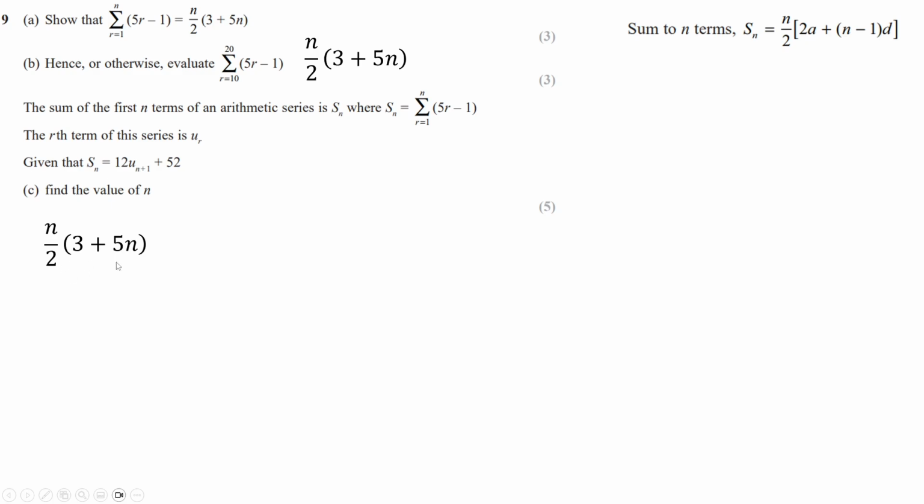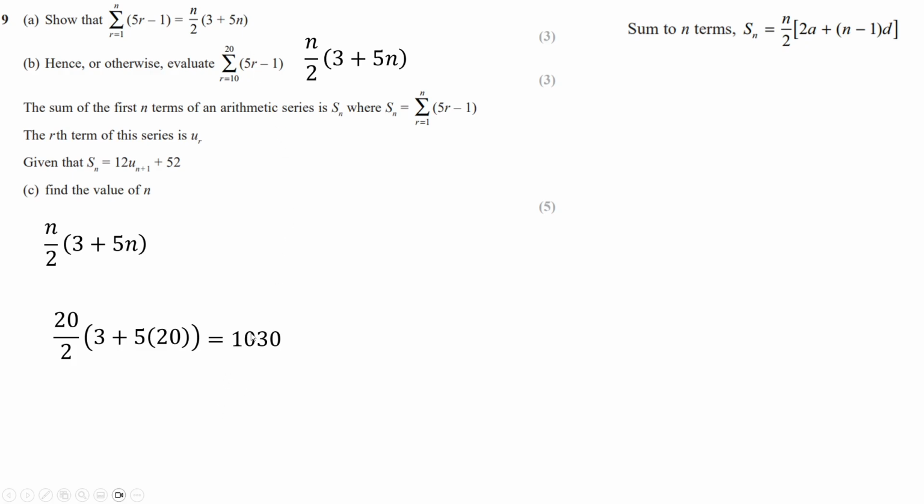So we've got this, okay, and we want to find the sum of the first n terms, where n is 20. So just plug in 20, and you'll get 1030. So if you sum from 1 to 20, you'll get 1030. We don't want 1 to 20 though, we want 10 to 20.